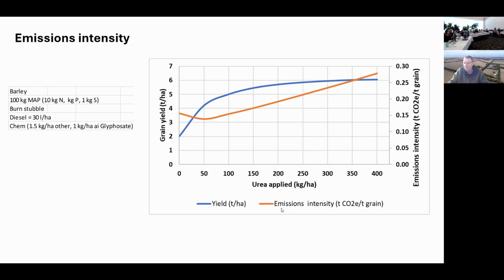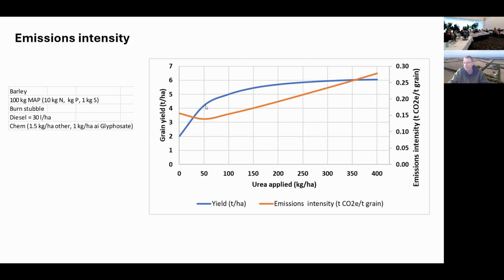If you look at it from an emissions intensity point of view, so that's how many emissions did we get for the quantity of product we produced. When we put no urea on at all, our emissions intensity was sitting there at about 0.16. If we put 50 kilos on, even though our emissions have gone up because we grew significantly more yield, significantly more crop, our emissions intensity actually went down to about 0.12.